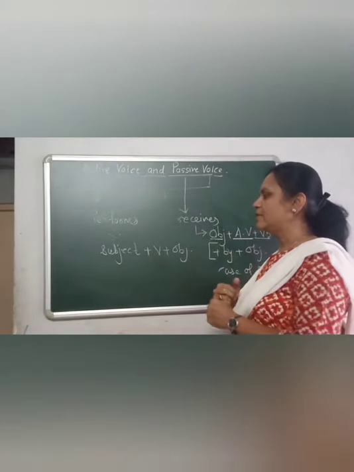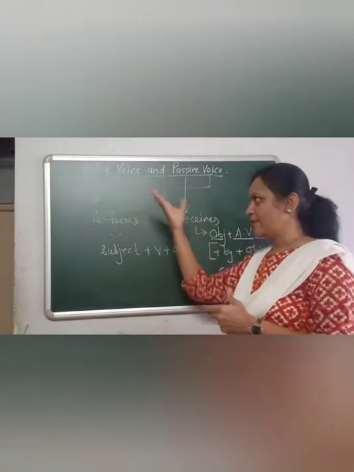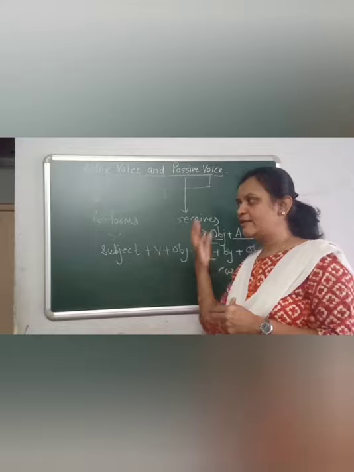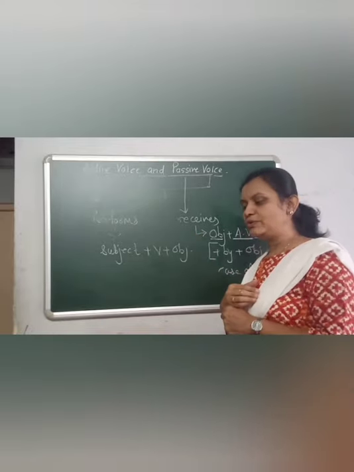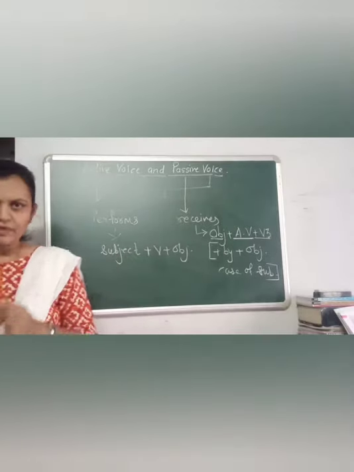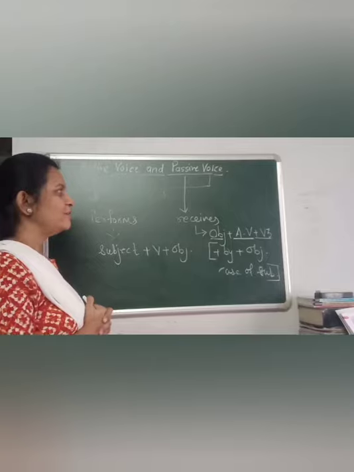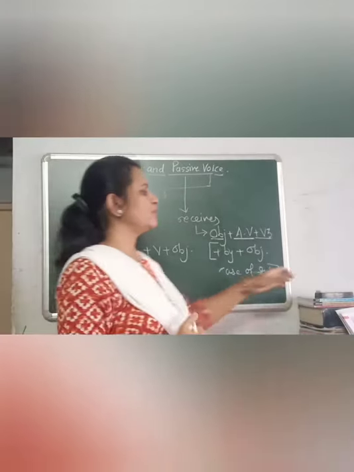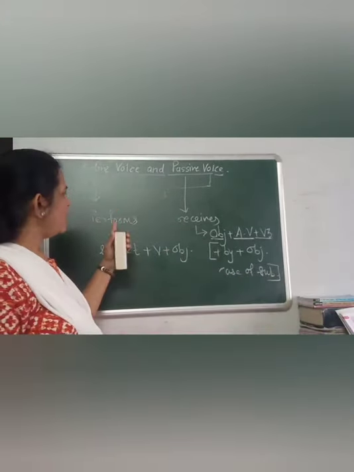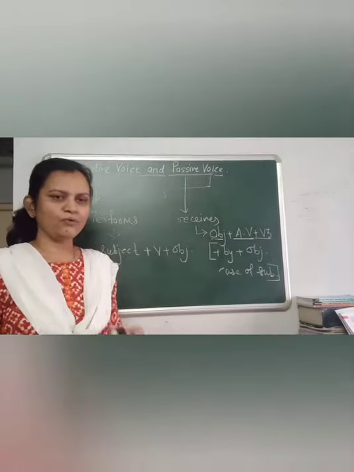Now see what I am going to do. I am going to teach you according to the tense. Means first I am going to take the simple present tense and see how to write down the passive voice of that simple tense. But one thing I would like to tell you, some rules are there and you have to follow those rules. While converting the active into passive, what do we have to do?